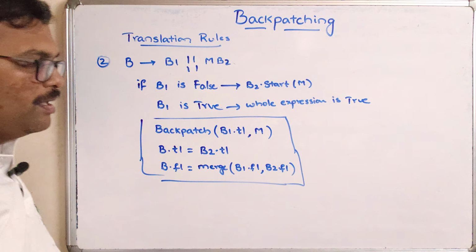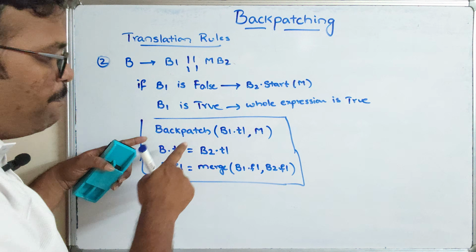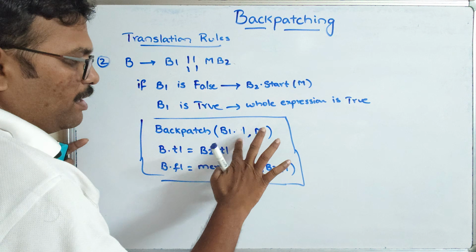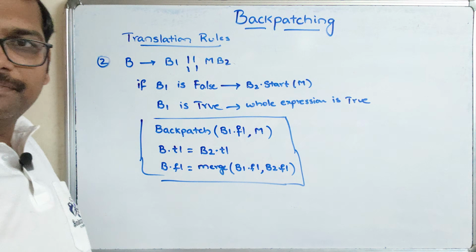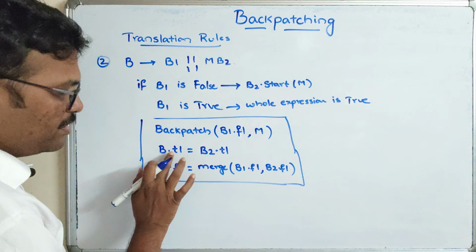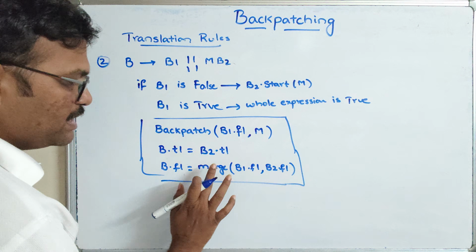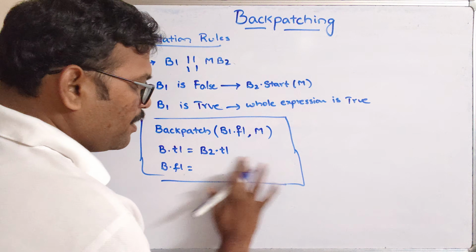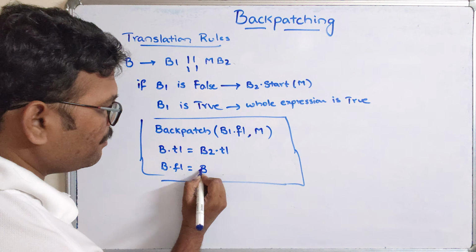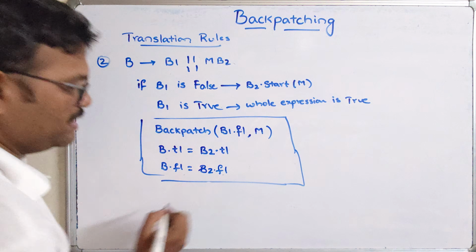Hope you understood. And here backpatch: B1 is in the false list, then M will be started. And B dot false list comes when B2 is in the false list.